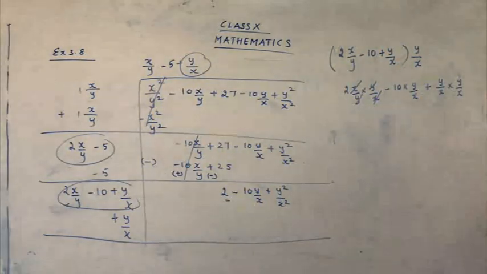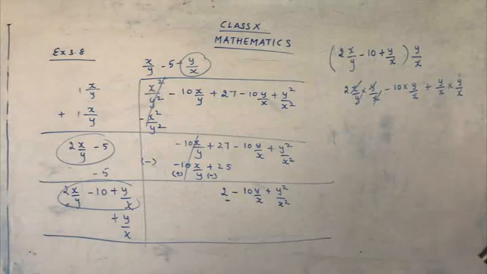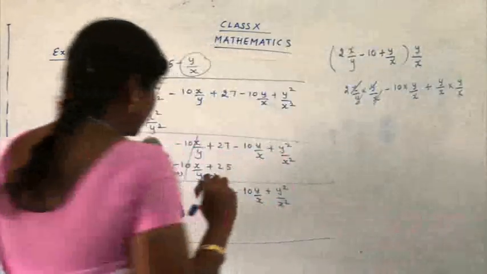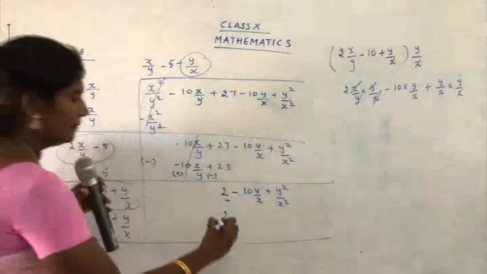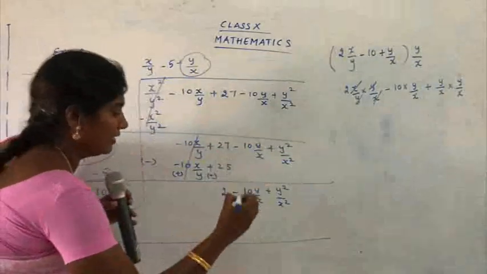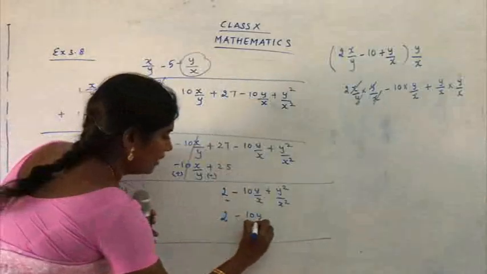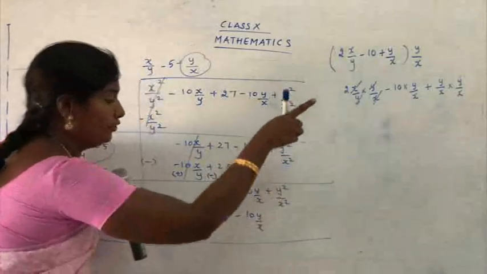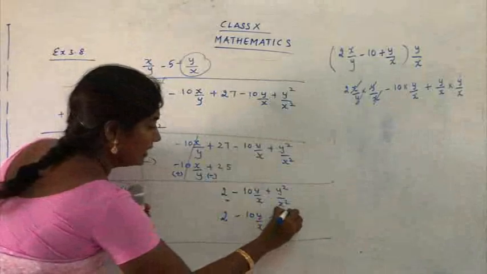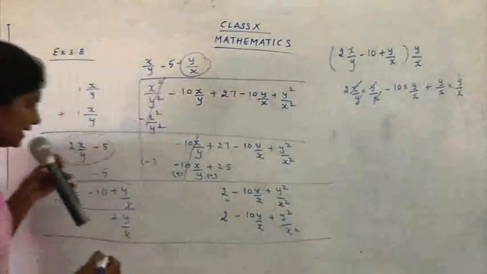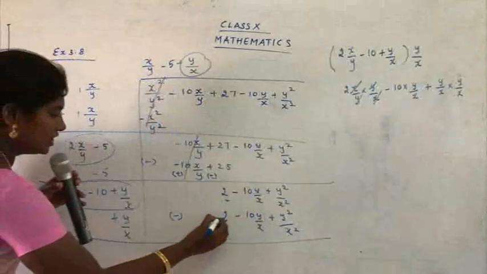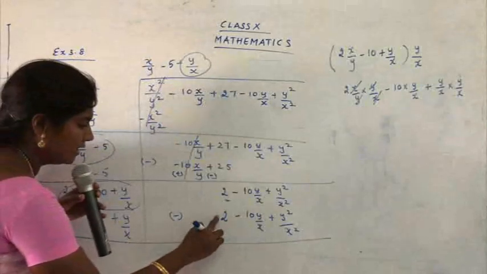Here nothing is done. Keep it as it is. Here nothing. So that was the same. So what is left now? 2 minus 10 into y, so 10y upon x. Y into y, y square. X into x, x square. Main sign is minus. Change all the sign of the second part.